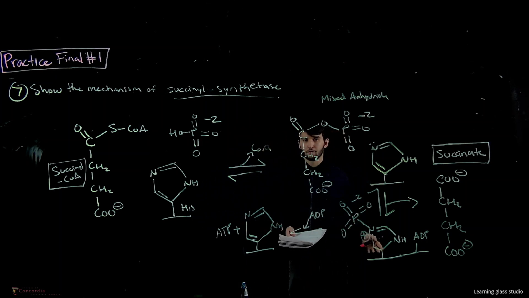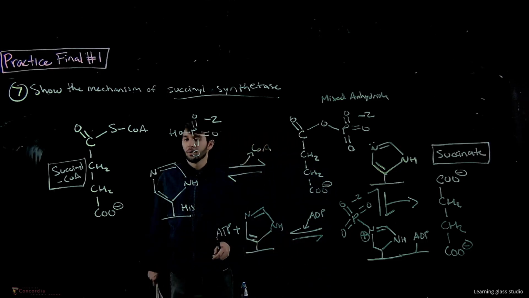I've already gone over this in my video on the citric acid cycle, but we will go over it again. Here we start out with succinyl coenzyme A, and in the active site, there is a histidine and a phosphate group.